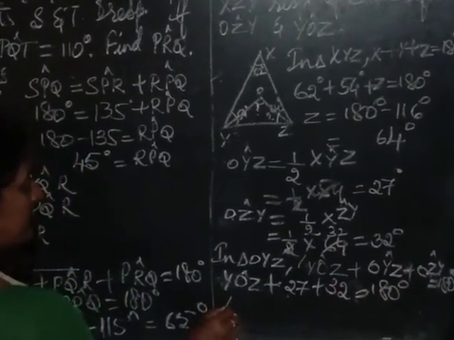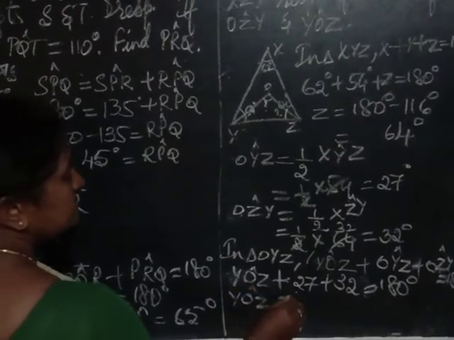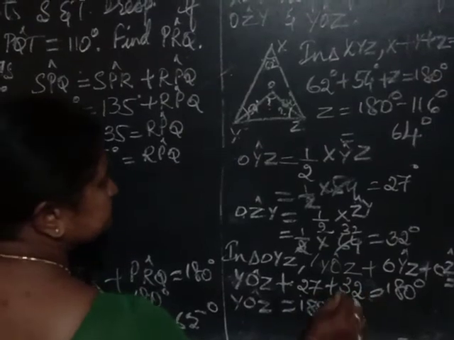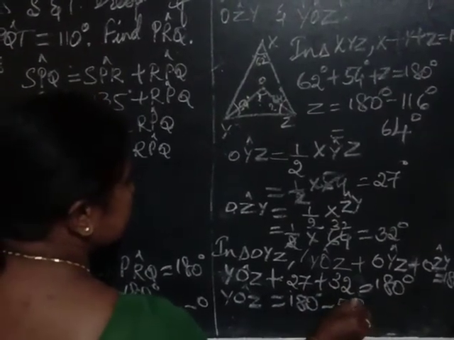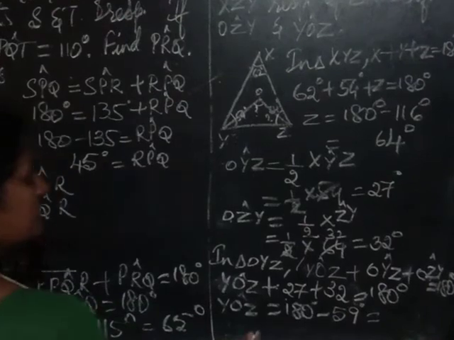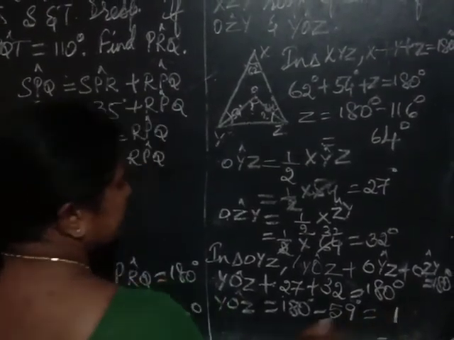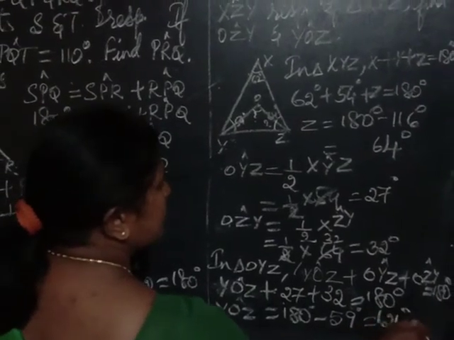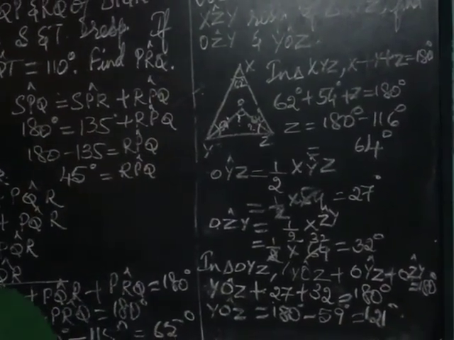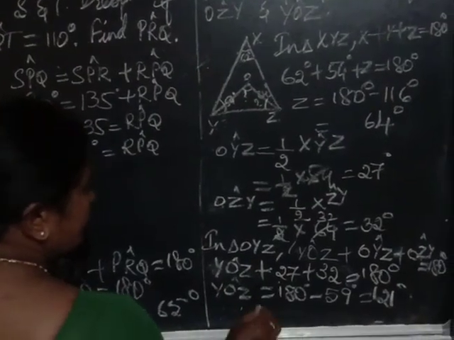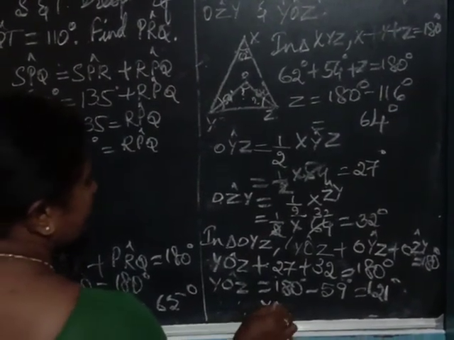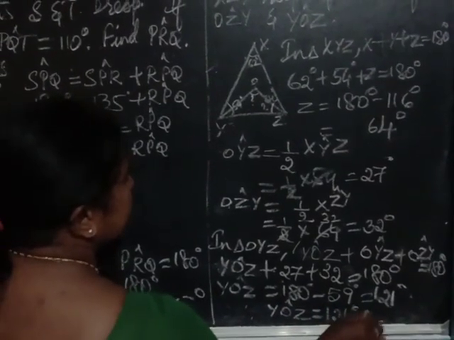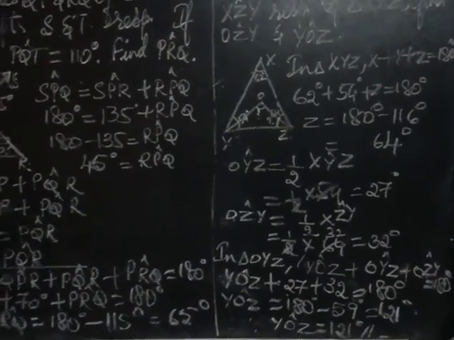Now YOZ is equal to 180 minus 59 degree, which is 121 degree. Okay children, this is the second problem's answer.